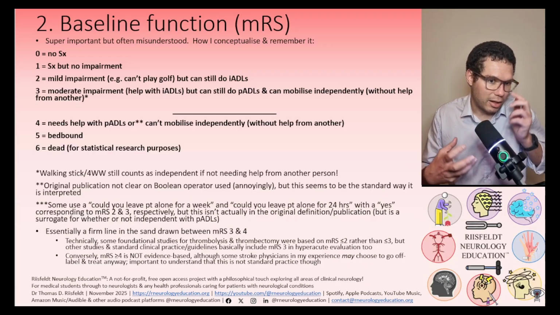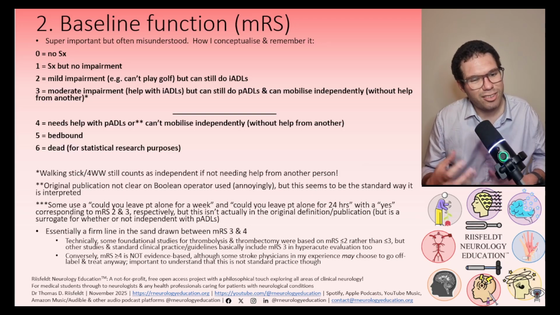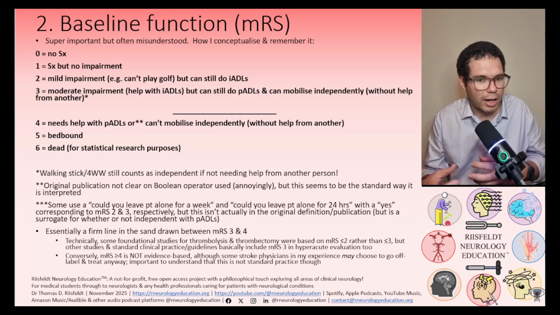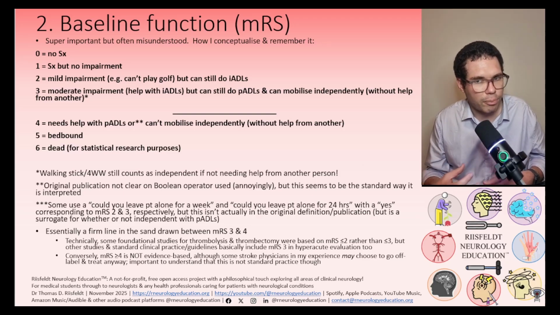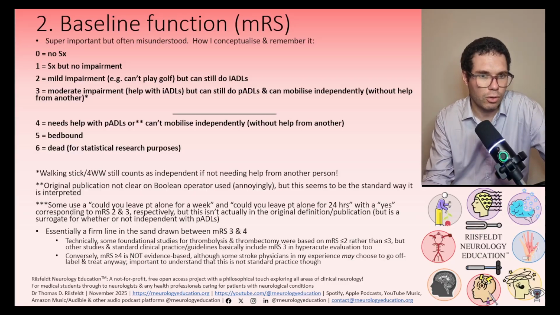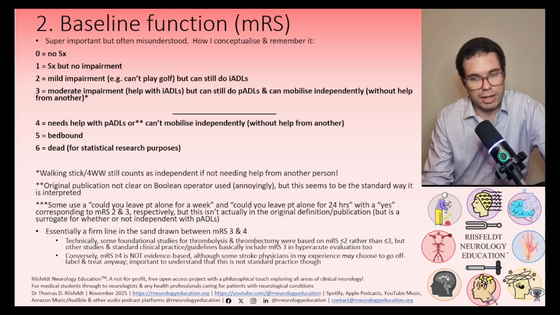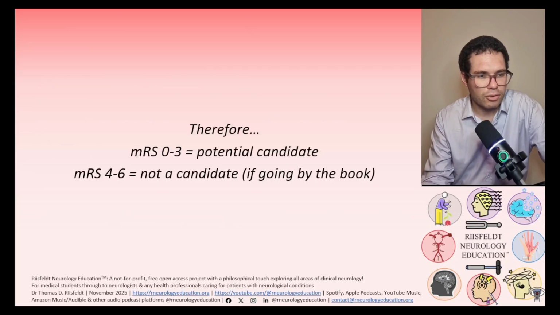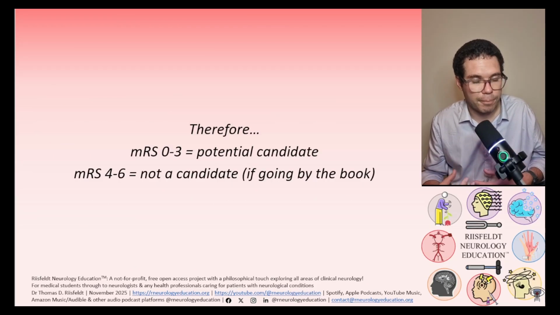And that's that individual practitioner's decision. It is important to understand that that's not routine practice, that's not standard or common practice, but it should always be discussed with the decision maker if that's not you, because people may make different decisions based on their own understanding of the literature.